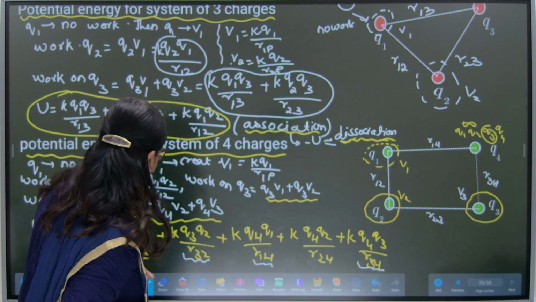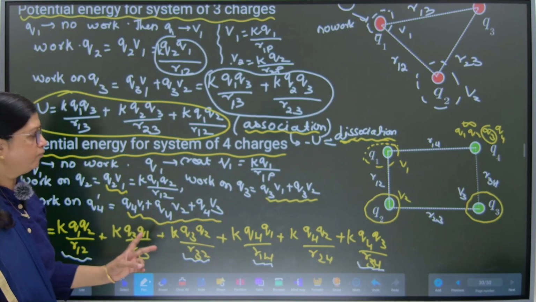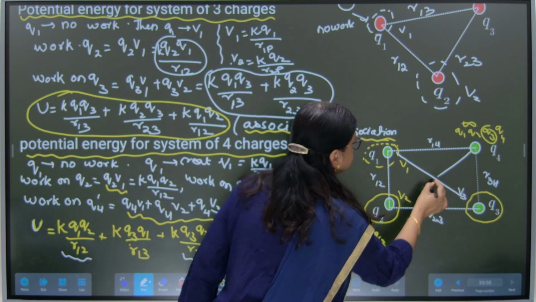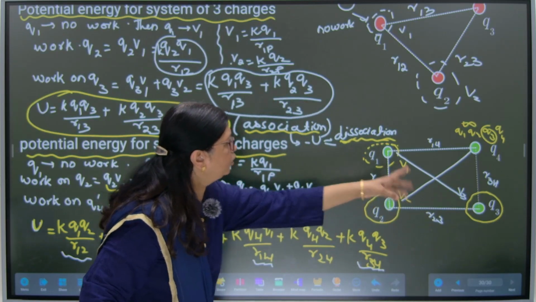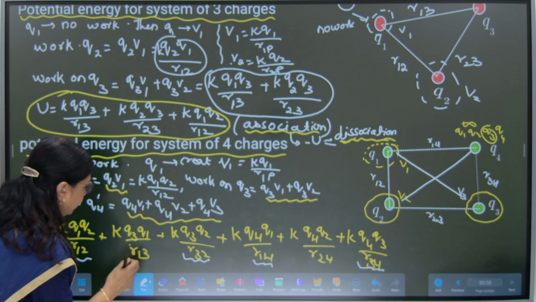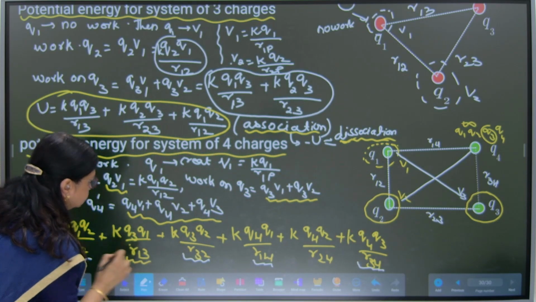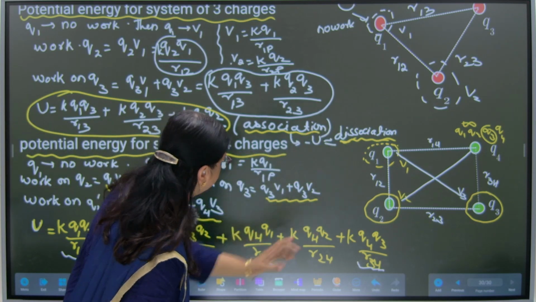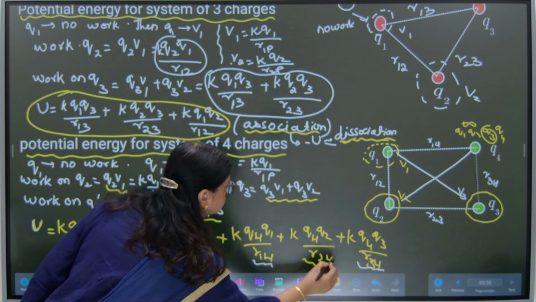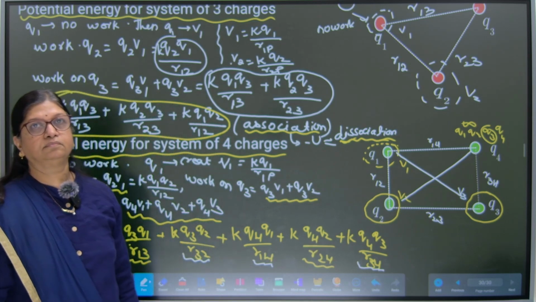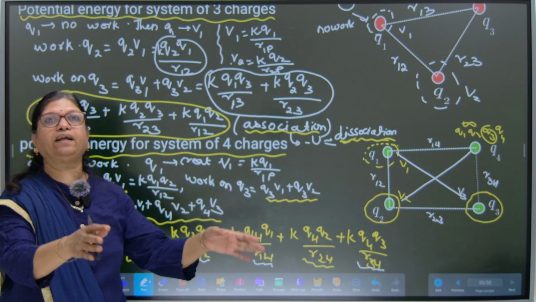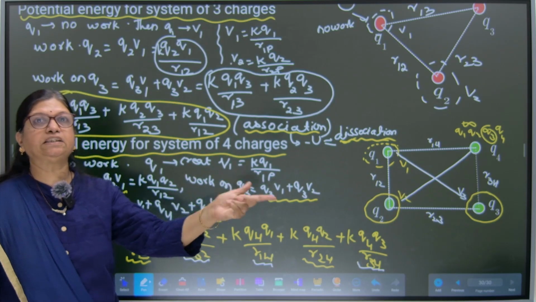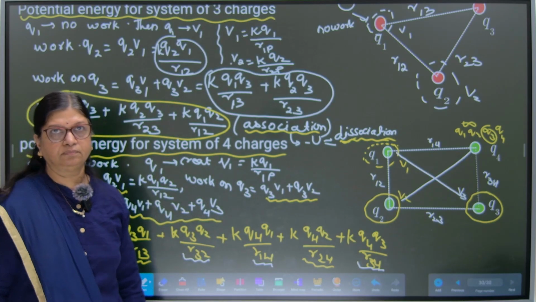Now only 4 I have underlined. Where are the other 2? These 2. Q1, Q3 here. And where is the other one? Q2, Q4 here. Okay. So diagonals also you have to consider, because that potential will go through the diagonals also.